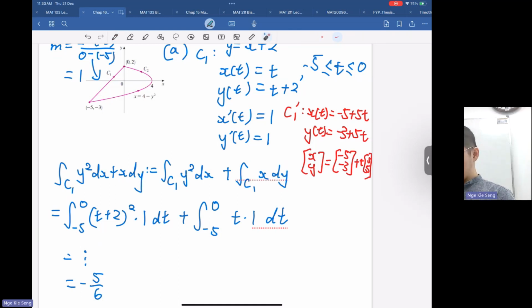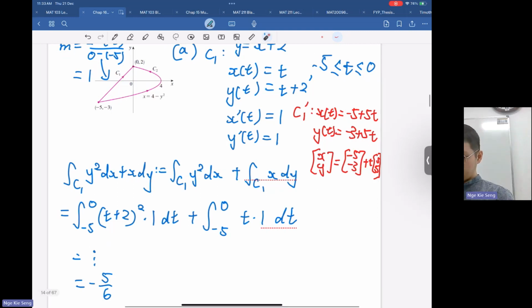This is a line that intersects the point (-5, -3) with the direction (5, 5). Is this direction (5, 5) or not? What's this vector here? Yes, right. So this direction is (5, 5).